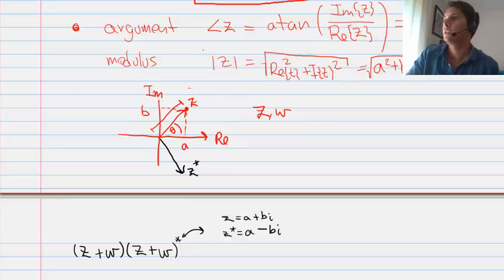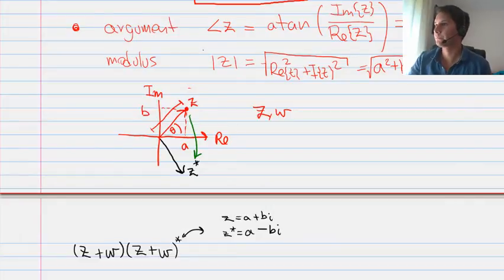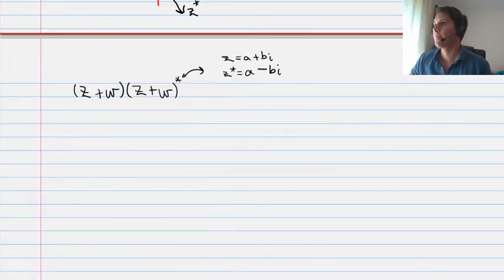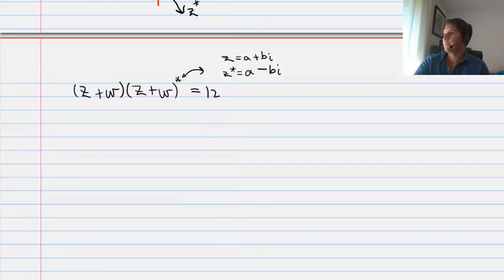So the conjugate operation reflects across this axis. And something very peculiar is that when you multiply a complex number by its complex conjugate, you get the modulus squared.